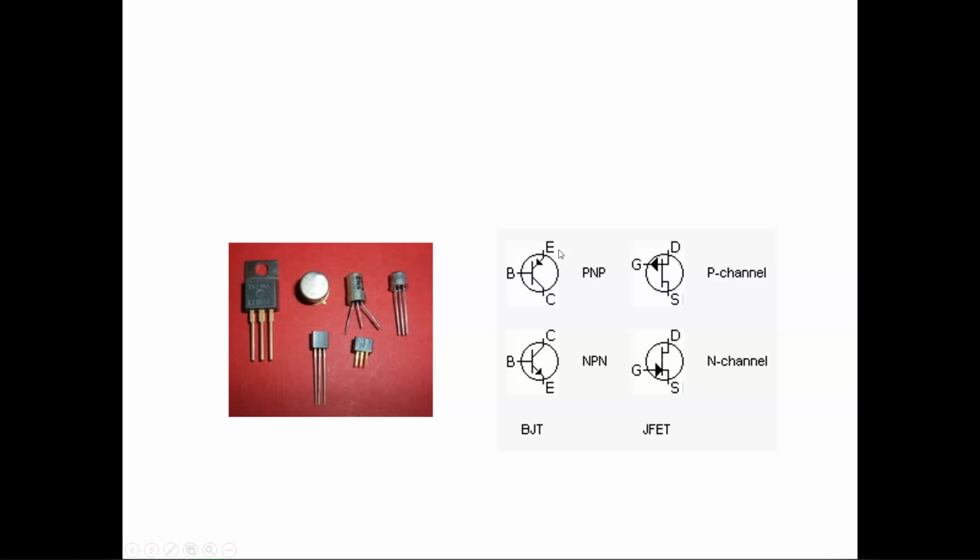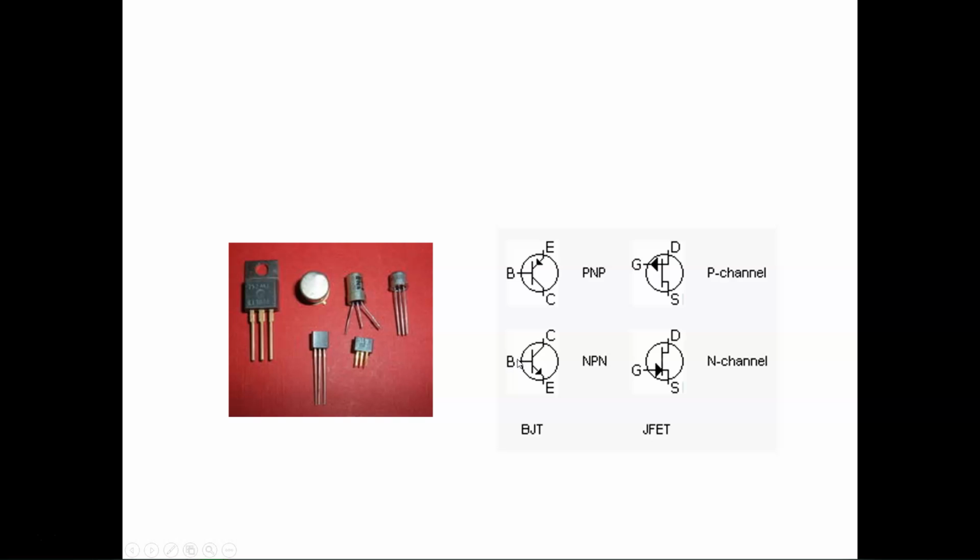So this is your emitter, this is your collector, this is your base. So the base is where voltage comes in, your emitter pulls the voltage from the base out, and your collector is generally hooked up to something else to pull voltage from a different direction. So all three legs have to be in use on these.